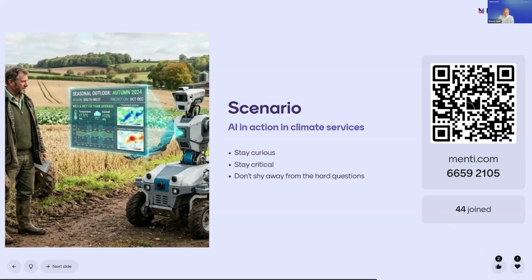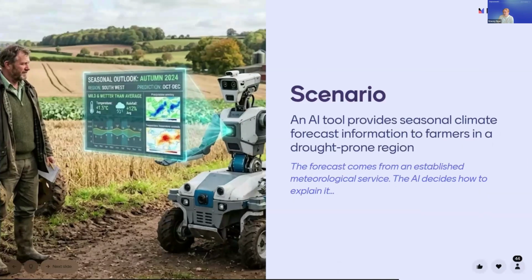So some of those ethical considerations we've heard about. In this next part, I'm going to show you a scenario that I've come up with. In this scenario, an AI tool is providing seasonal forecast information to farmers in a drought-prone region. What's important about this is that the forecast itself is coming from an established meteorological service.